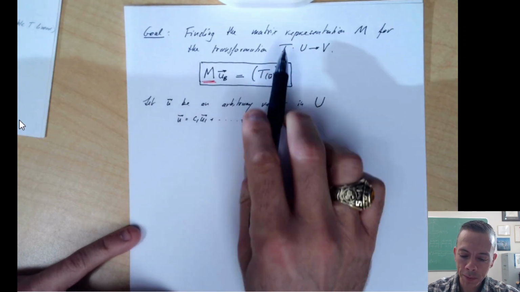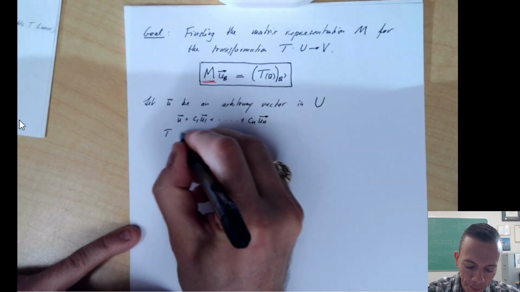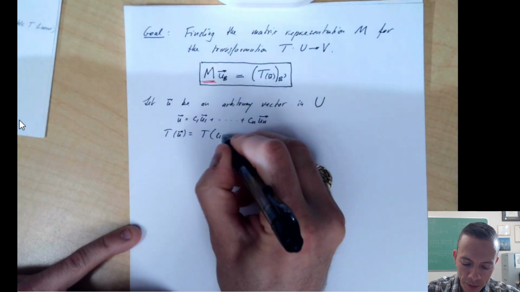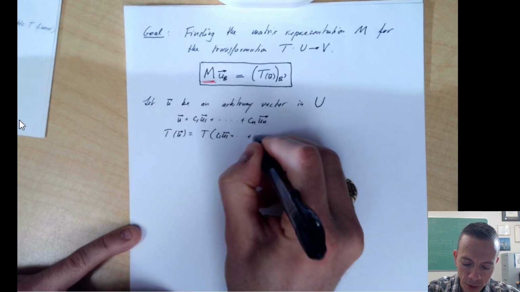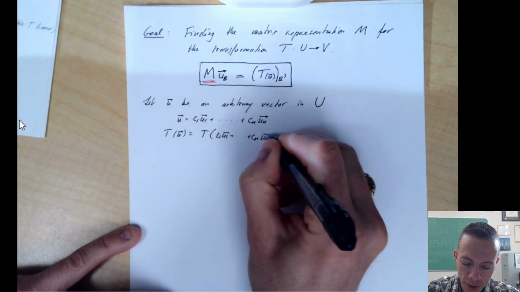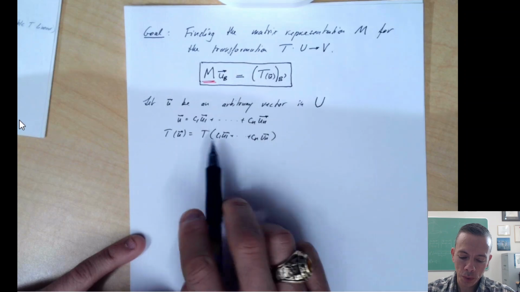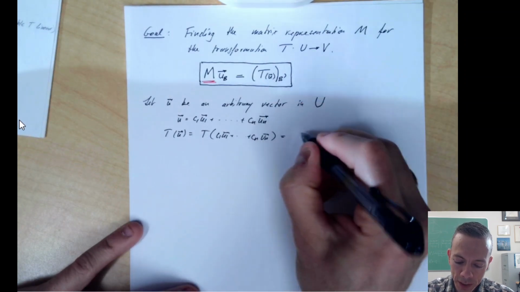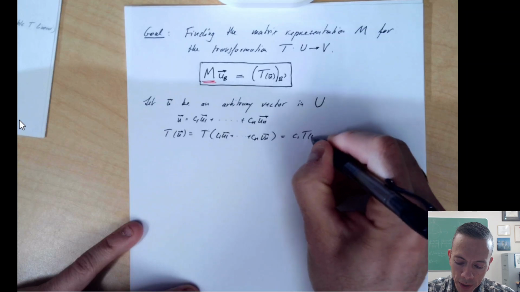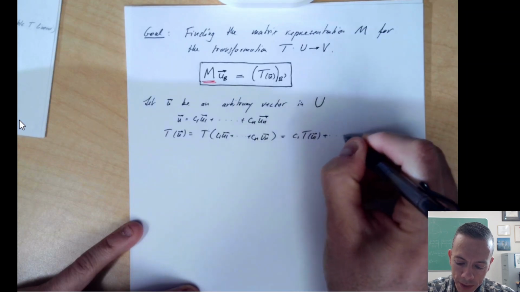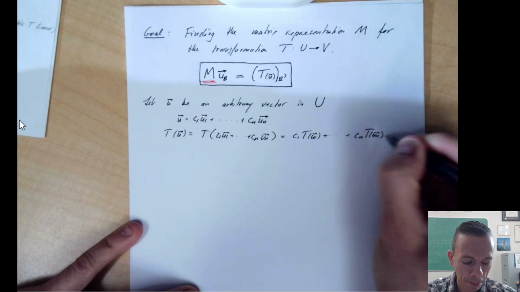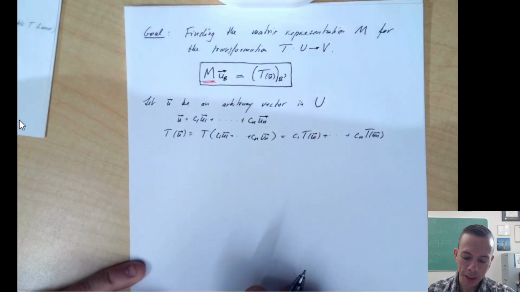And we can take its image under T, which will be T of c1 u1 plus, etc., all the way to plus cn un. Because we assume that T is linear, we can pull out the constants and break this addition into c1 T(u1) plus, etc., to cn T(un). And that's because T is linear.